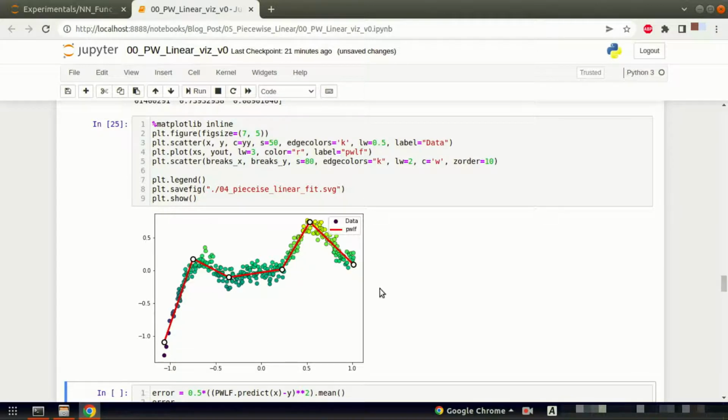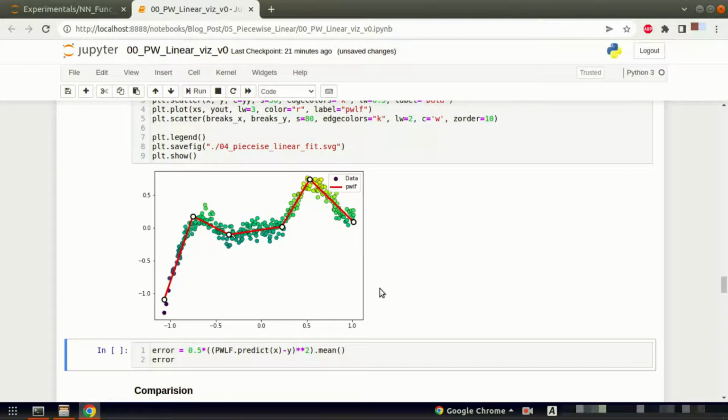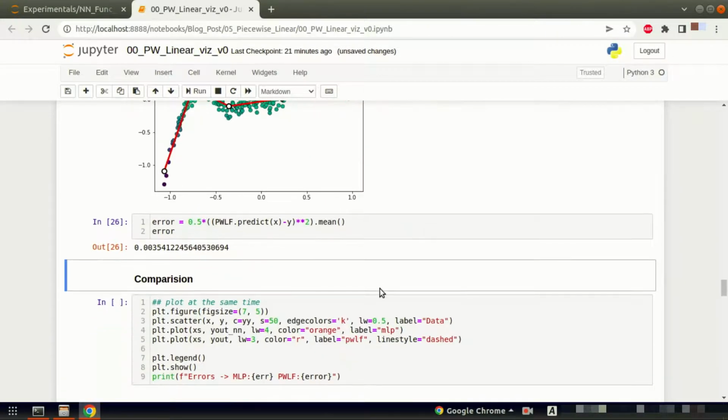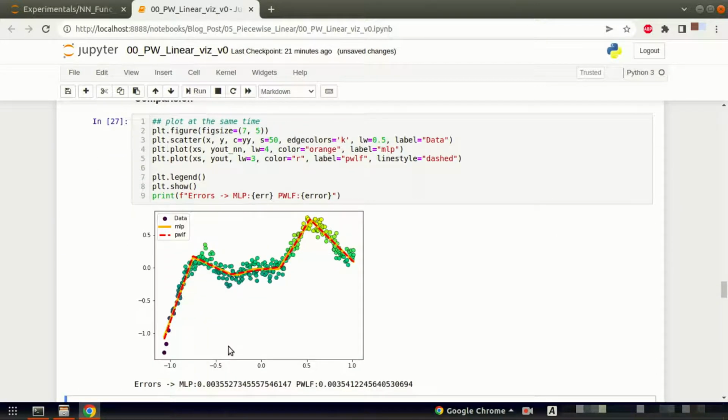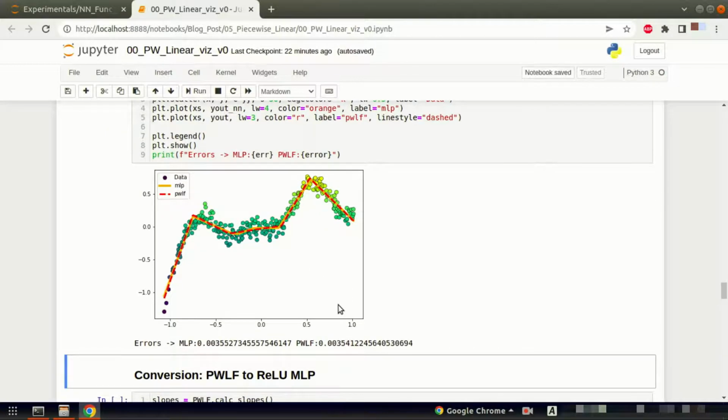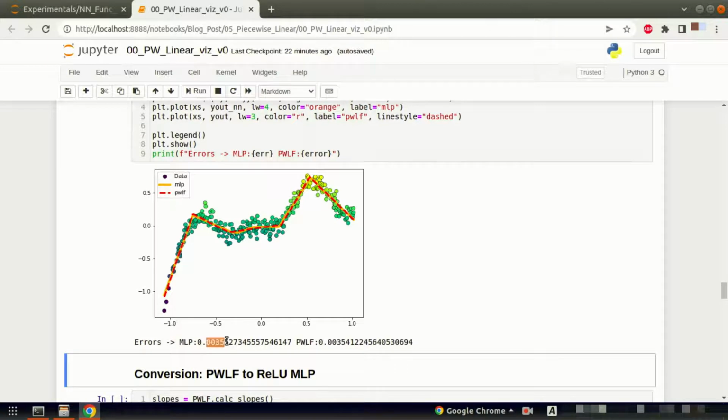So it is simpler to understand, right? For 1D. And we can compare the plot here, and we can see both of them produce piecewise function, and there is some difference in the fit. We can also see that the error is very low in both of these models.